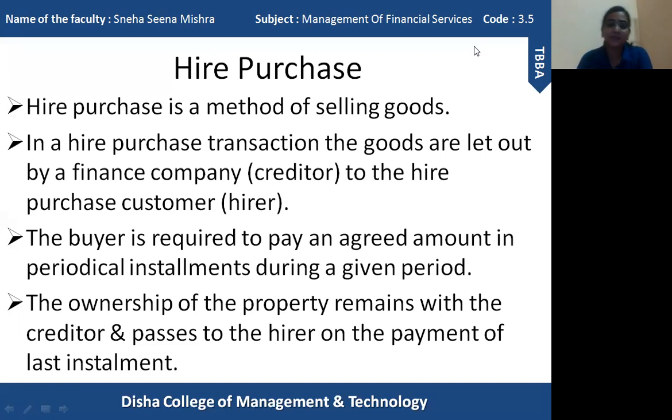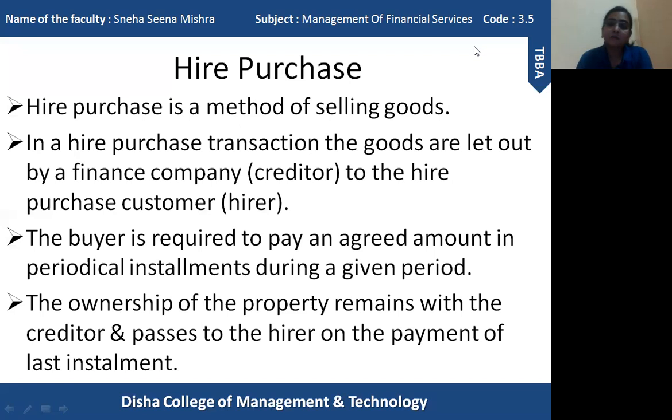In a hire purchase transaction, the goods are let out by a finance company, the creditor, to the hire purchase customer. If we consider a certain amount of goods let out by a finance company, that is the creditor, and the purchaser or the buyer is considered to be the hirer.